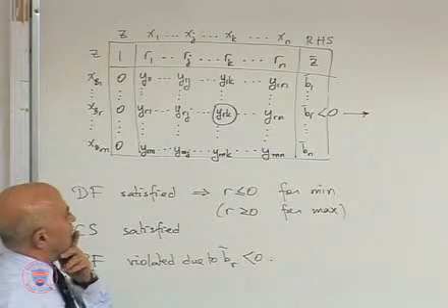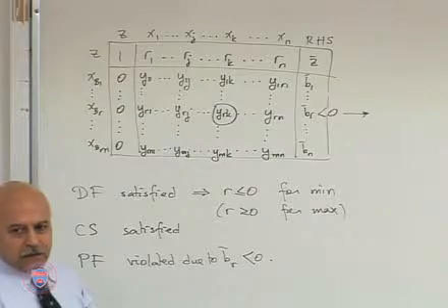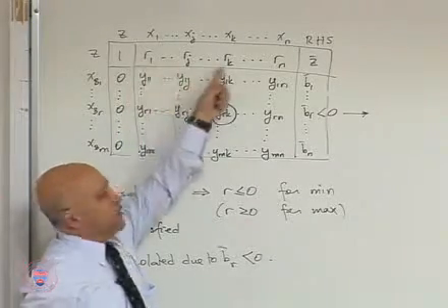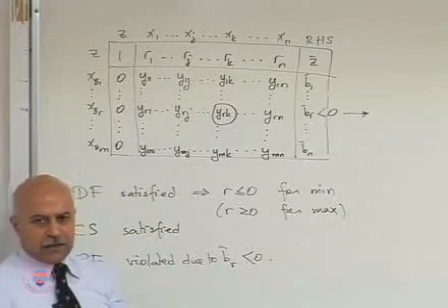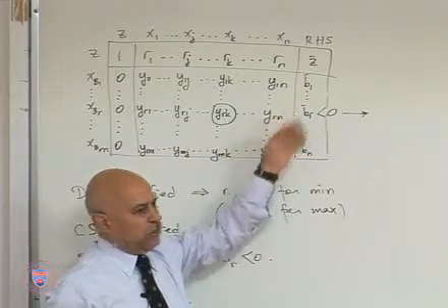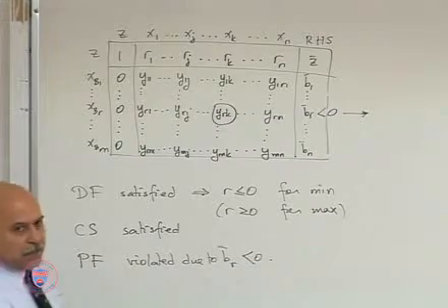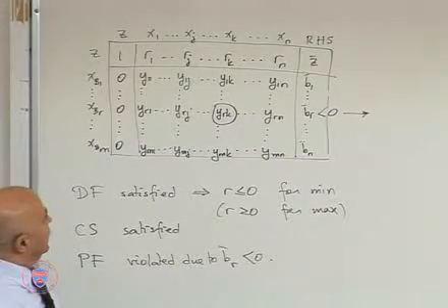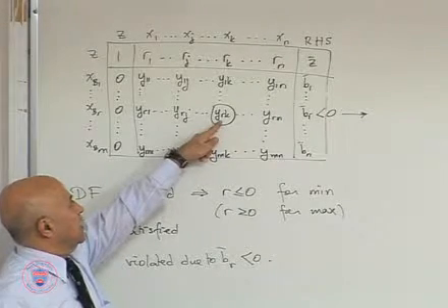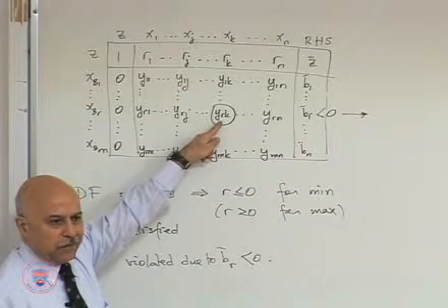The question is, which variable am I supposed to enter now to make sure that the dual feasibility at the top is still satisfied while you do not wish to add any further violations on the right-hand side column? All right, so you want to make sure that the pivot element you choose is, first of all, non-zero.